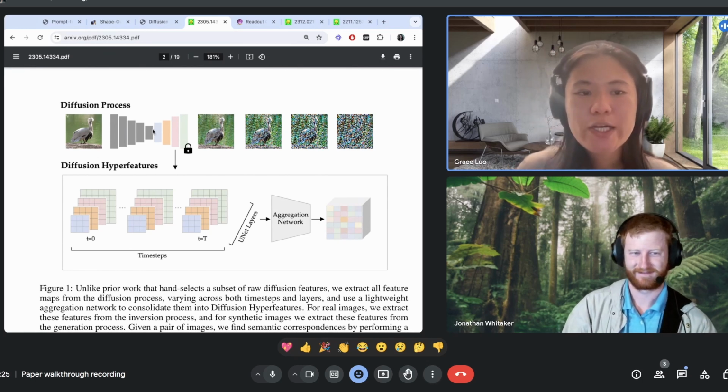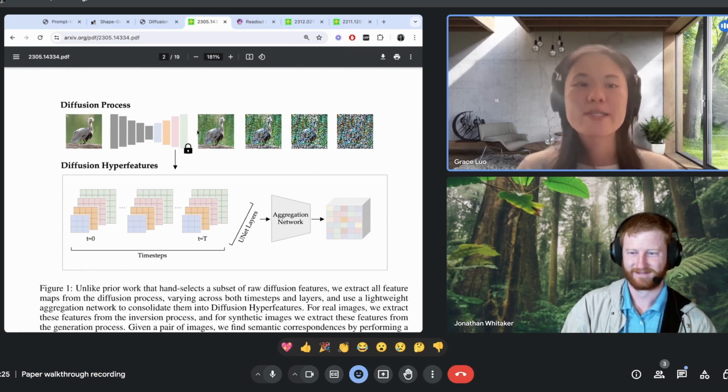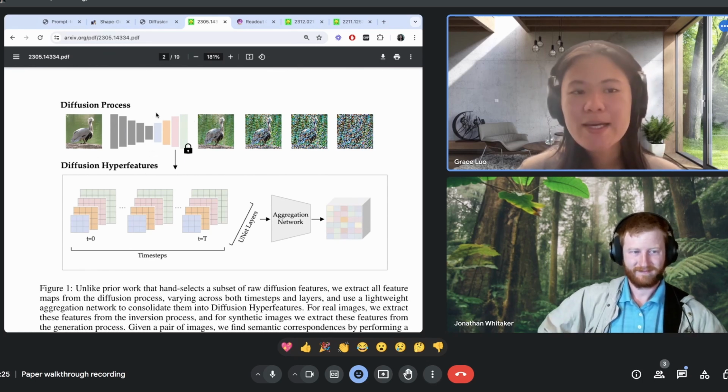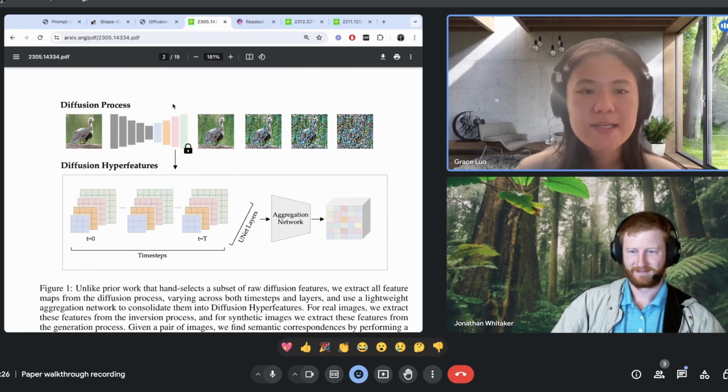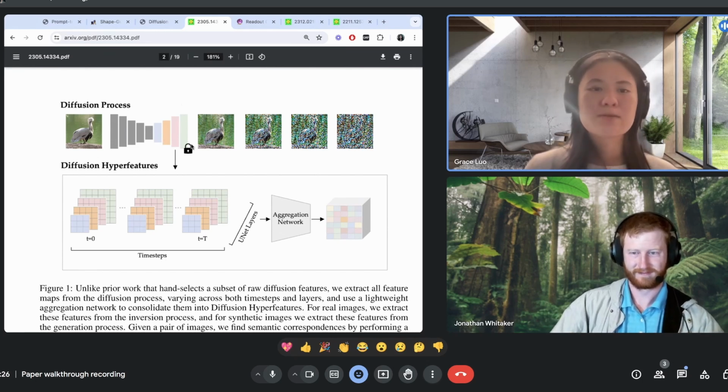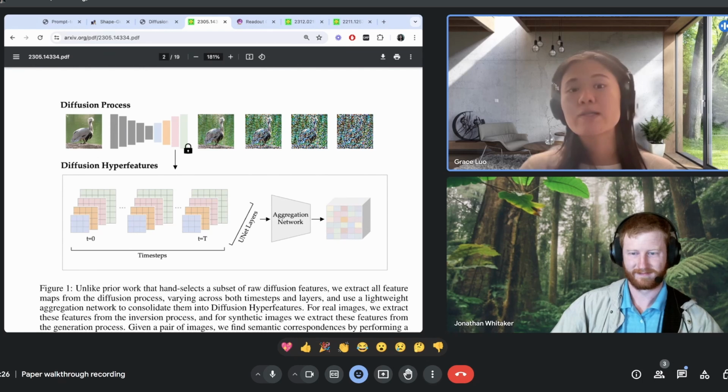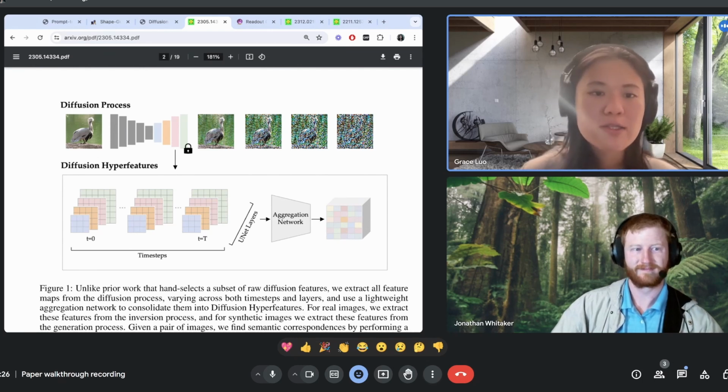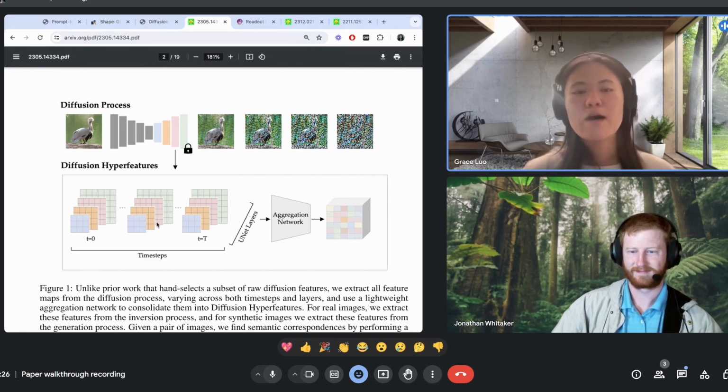Each progressive layer of the decoder is a different resolution. I believe the mid layer is something like 8 by 8, then it's 16 by 16, 32 by 32, 64 by 64. So it's progressively different resolutions, and they also have different channel counts in their feature maps.